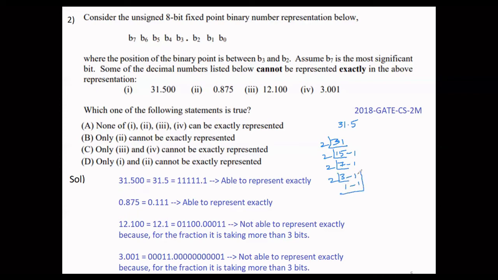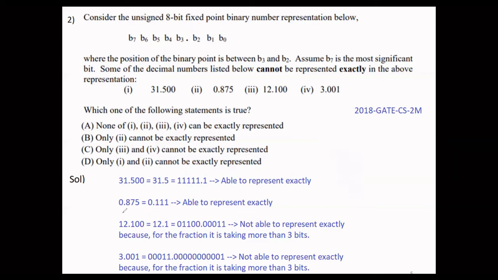So 11111 is the integer part. And for 0.5, 0.5 into 2 is 1.0, so this is 1. So it is 0.1. Here 5 bits are enough, and for the fraction only 1 bit is enough. We already have 3 bits to represent the fraction. So we can represent the first one exactly.